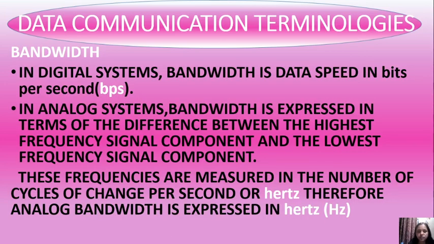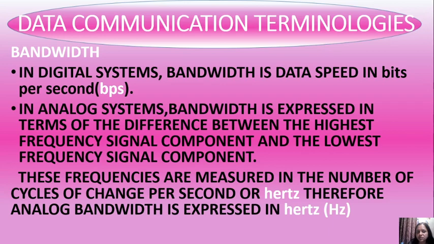Now some more points related to bandwidth. In digital systems, bandwidth is data speed, measured in bits per second. In analog systems, it is measured in hertz, or the number of cycles of change per second. In analog systems, bandwidth is expressed as the difference between the highest frequency signal component and the lowest frequency signal component.